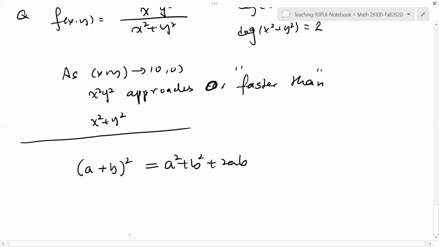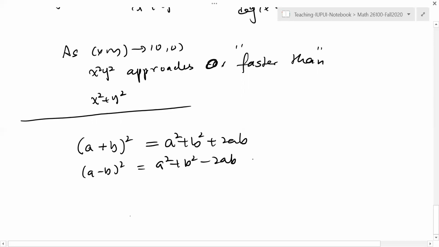So then if you have the difference, this has never been negative, right?